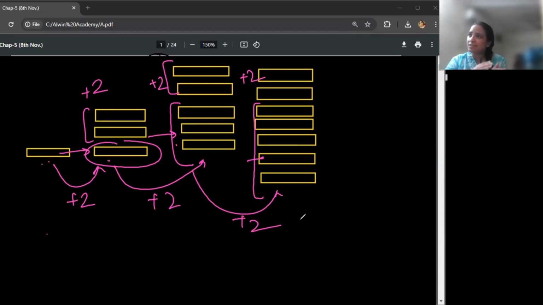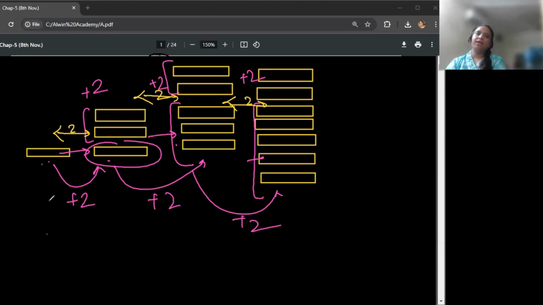That common difference should be there. That means there should be a difference of 2 here, 2 here, and 2 here. The difference between the consecutive terms should be common. That is one mandatory condition for an AP. Understood, bache log or not?